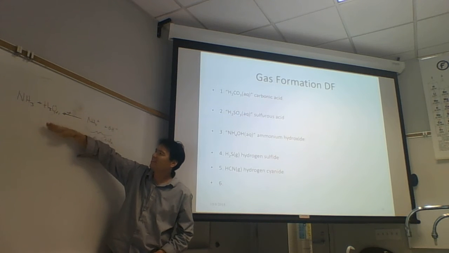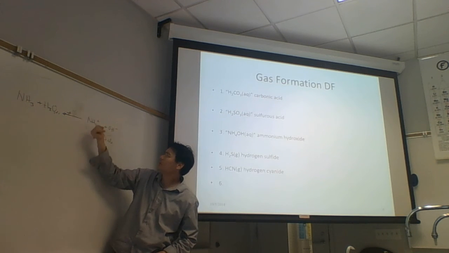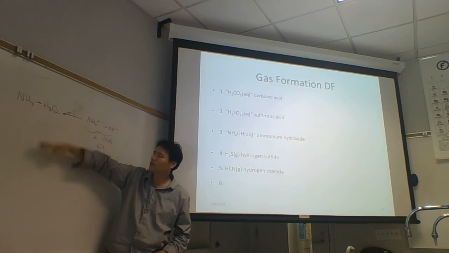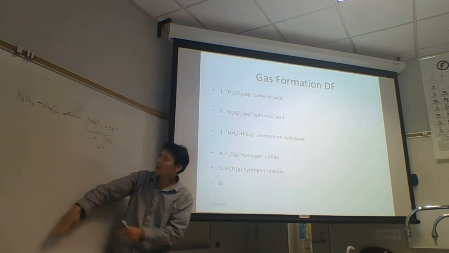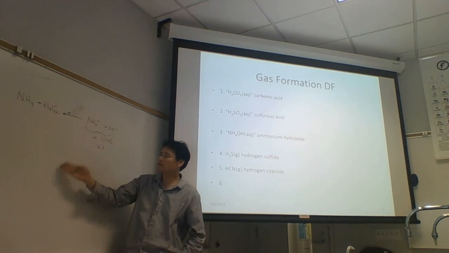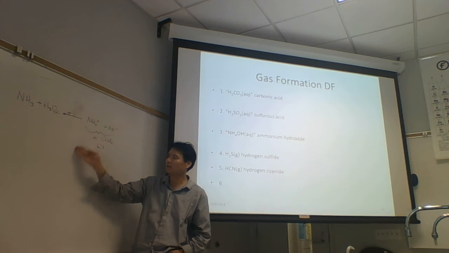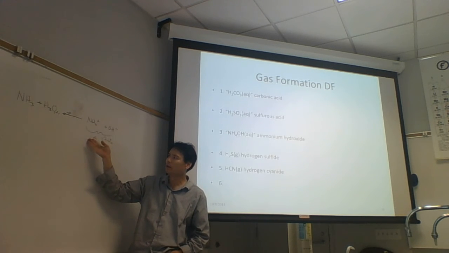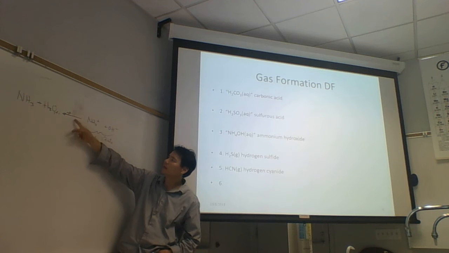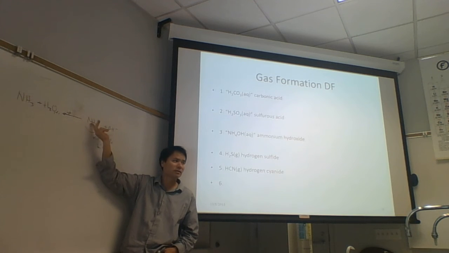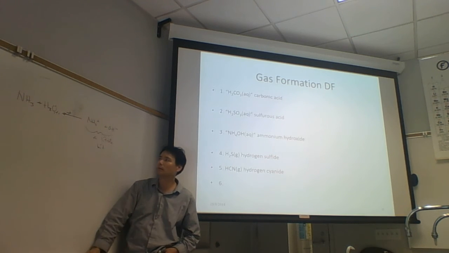If we go this way, it's uphill because ammonium and hydroxide are less stable than ammonia and water. But it's not too severe. If some things are steeply uphill, then nothing makes it to the top of the hill. But if it's not too steep, then a little bit can make it. Not everything, but a little bit can make it.